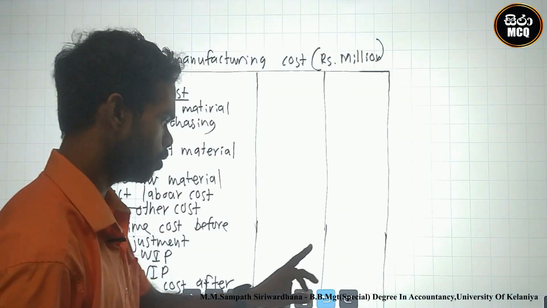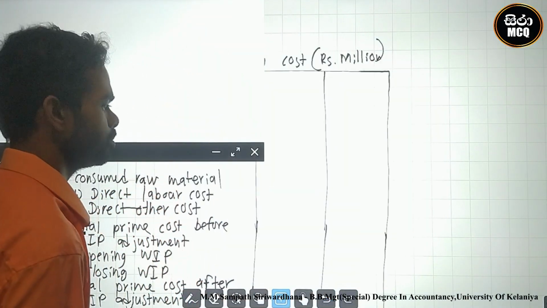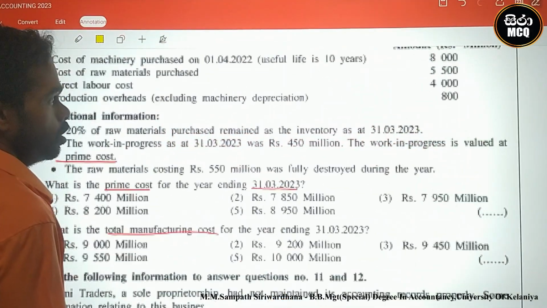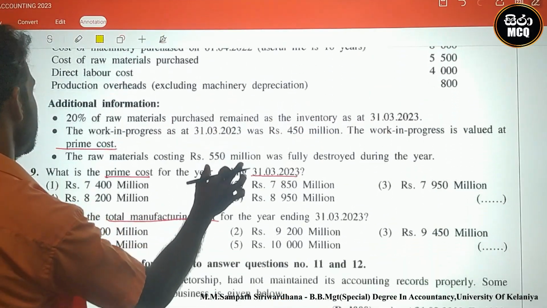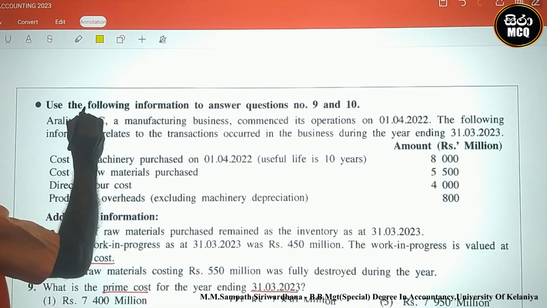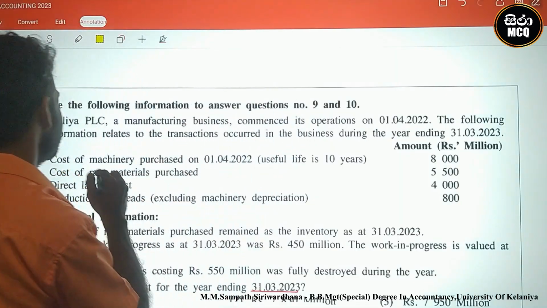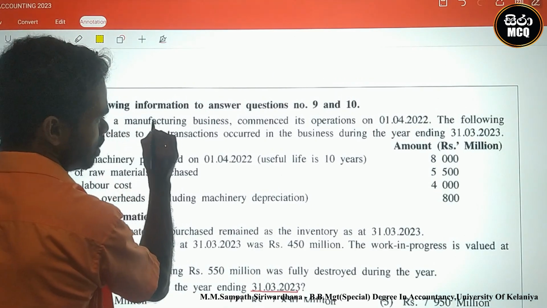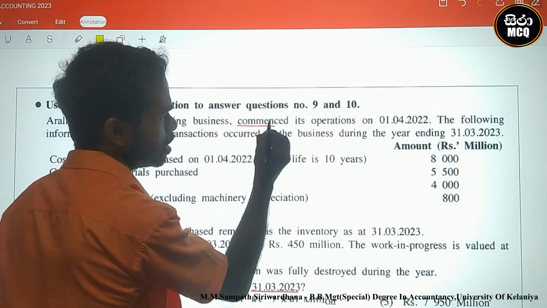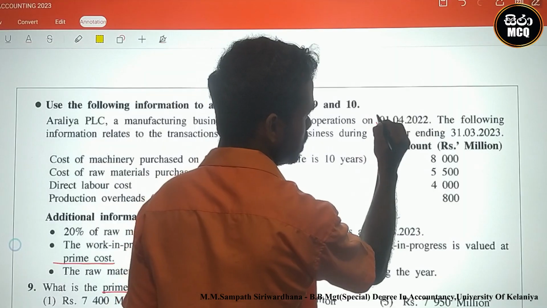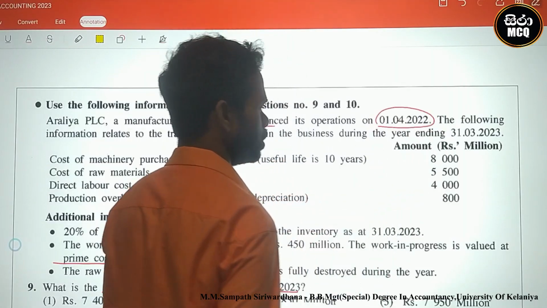Okay, let's see the question. Look here, they said use the following information to answer question number 9 and 10. Earlier PLC, a manufacturing business, commenced its operation on 1st April 2022.